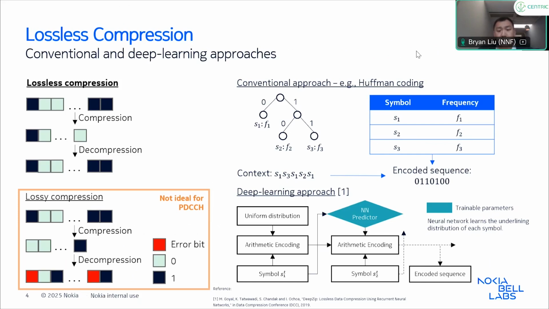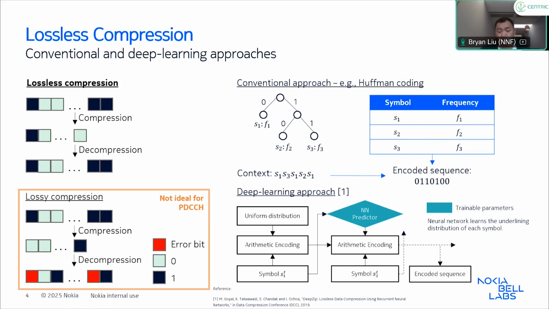So people proposed a deep learning approach that uses a neural network predictor to estimate the probability distribution of the symbol to be compressed. The neural network returns a probability distribution estimate as an input for the arithmetic encoding, and the arithmetic encoding then returns the encoded bits. It follows a sequential manner.